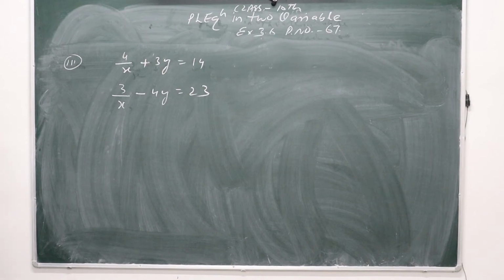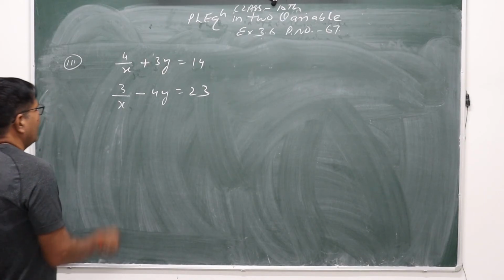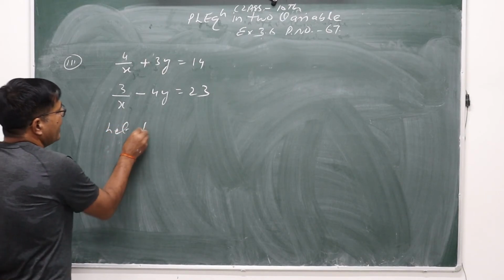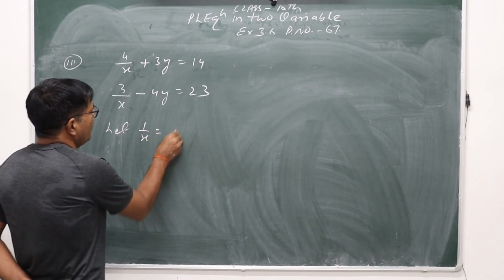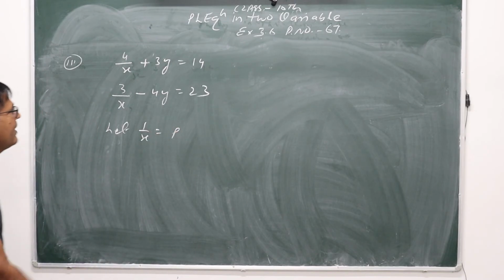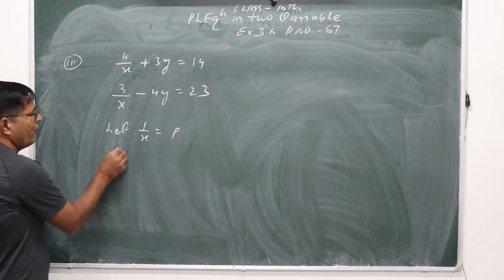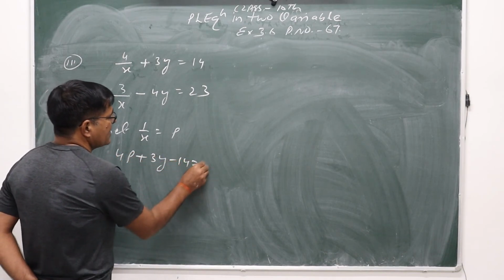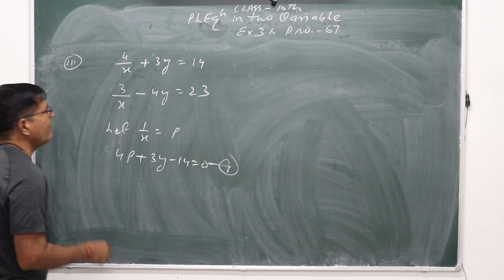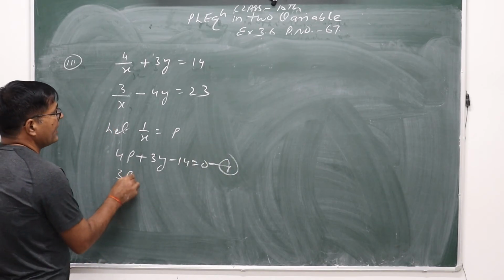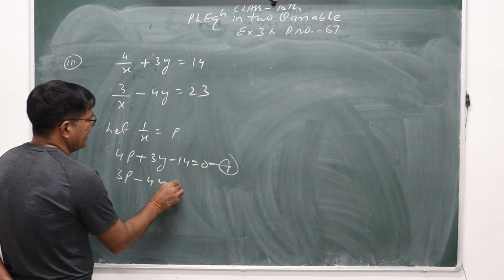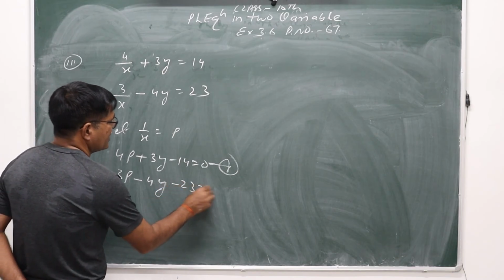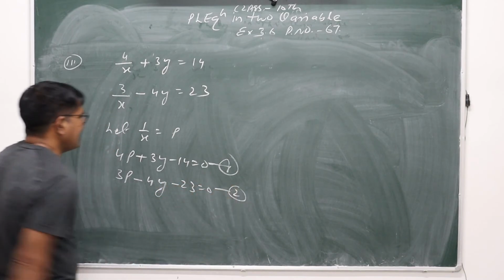So here let 1 upon x is equals to p. Okay, new variable मान लिया. So 4p plus 3y minus 14 is equals to 0 is the first standard form, and 3p minus 4y minus 23 is equals to 0 is the second.